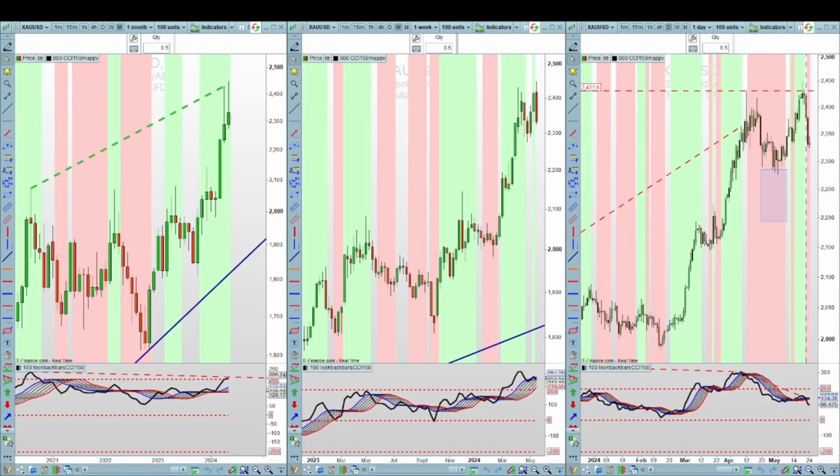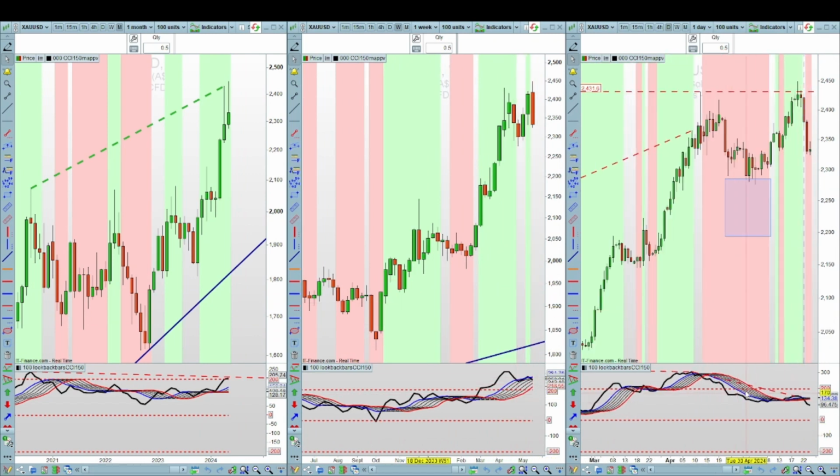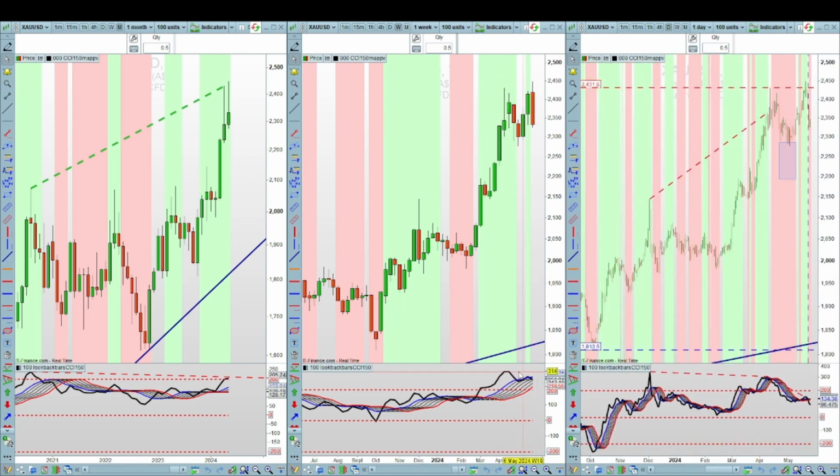So on the trends, first off on the monthly, we've got a bullish movement. This is for gold. On the weekly, it's broken down into the moving average band, so giving us a neutral signal. And on the daily, it's already bearish. It's broken below the moving average band. Now, if I zoom out on this one, you can see here there is a bearish divergence on the weekly.